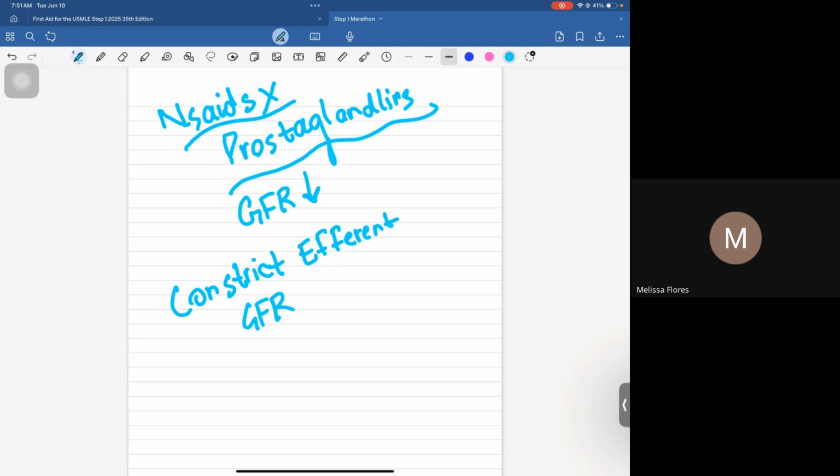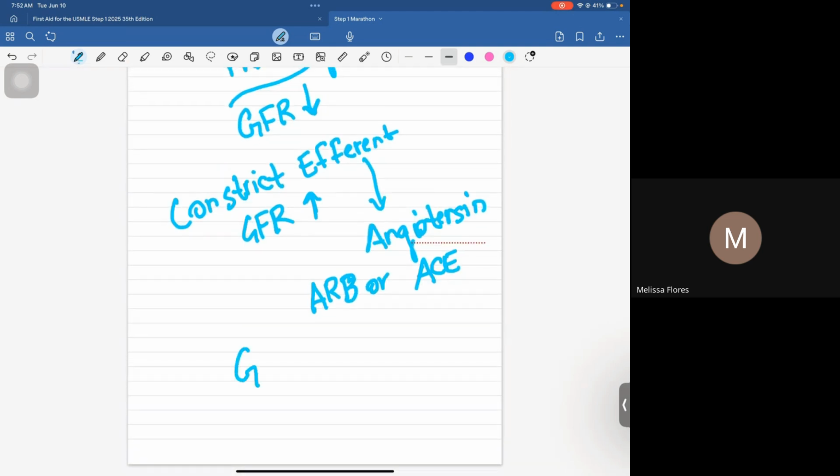Angiotensin. So if we give the patient angiotensin receptor blockers, ARBs, or angiotensin converting enzyme blockers, such as ACE inhibitors, then the GFR is going to decrease, and when the GFR decreases, you are going to have problems. The creatinine is going to increase.